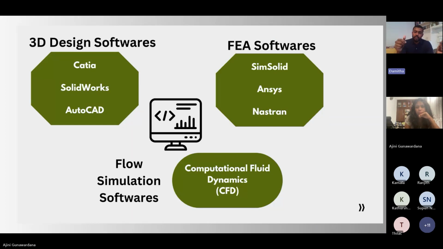This is where you should be able to translate your thoughts and ideas into an actual visual representation of it. For that, the main softwares used are, as you can see, CATIA, which is used mostly for the manufacturing aspect of things, because it's easy to translate CATIA information into manufacturing on a CNC machine, and it can be integrated into life cycle management software.